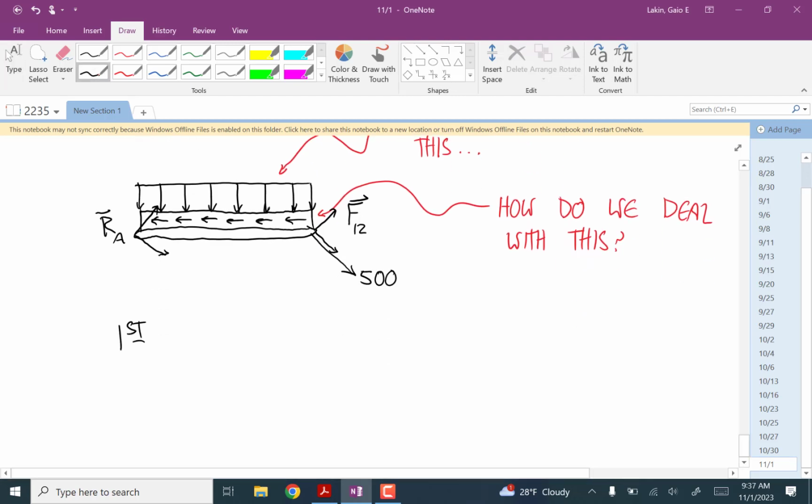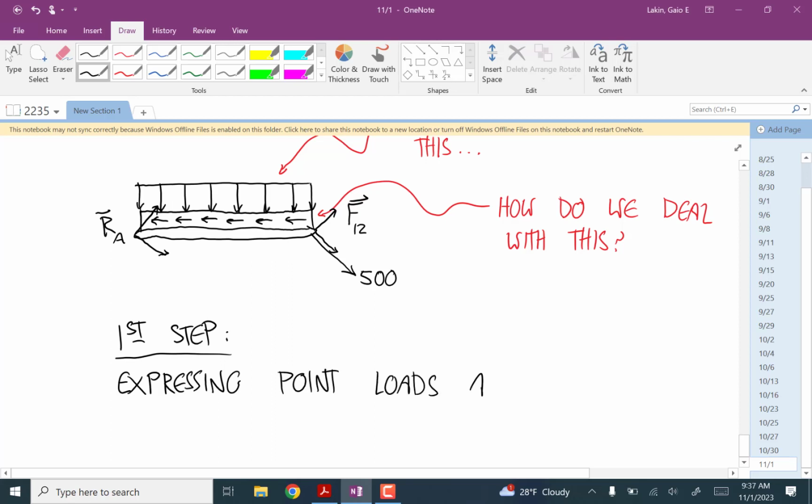So the first step is expressing your point loads and distributed loads in the desired coordinate system.